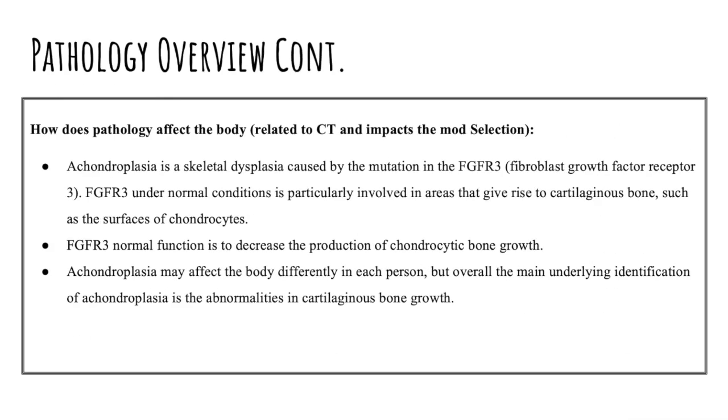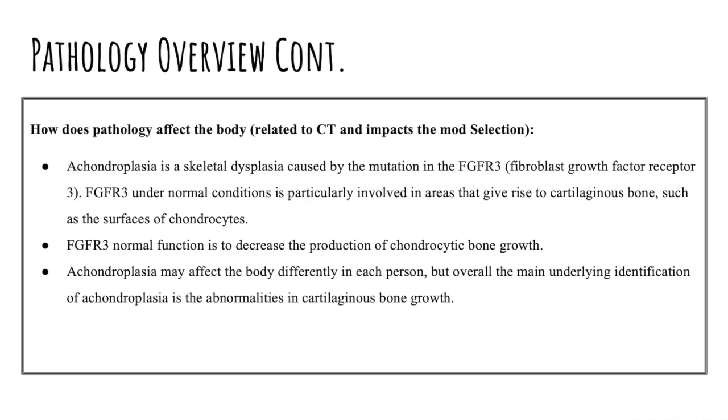All right, so to continue our pathology overview, achondroplasia, as we just talked about, is a skeletal dysplasia caused by the mutation of FGFR3. FGFR3 is one of the main 4 fibroblast growth factor receptors in humans that influence cellular proliferation. Under normal conditions, FGFR3 is particularly involved in areas that give rise to cartilaginous bone, such as the surfaces of chondrocytes.